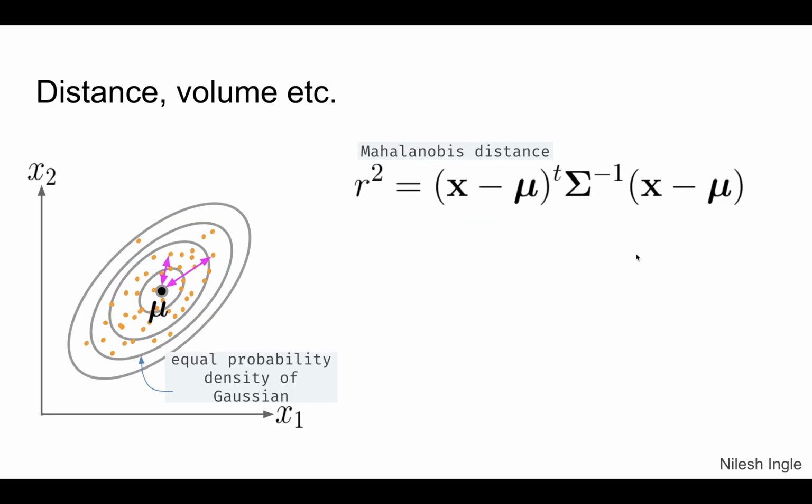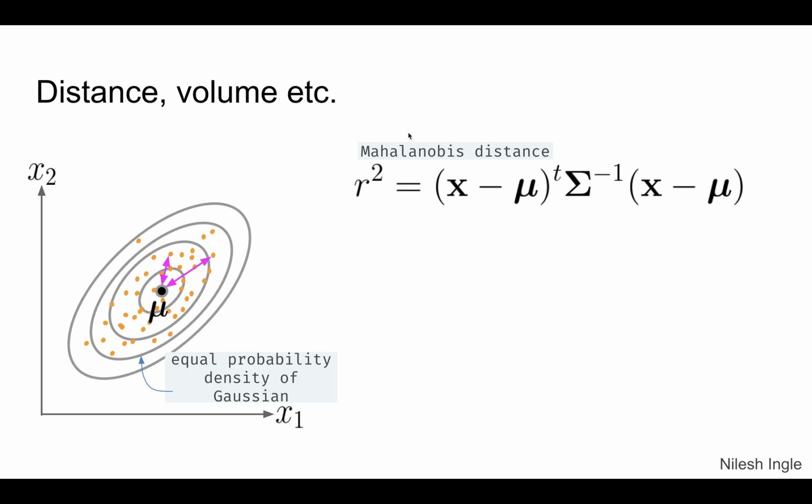Now, the Mahalanobis distance is given by this relation shown here. So what that tells us is that, let's say we have a cloud of data points here, and these contour plots represent the Gaussian density. So the Gaussian density anywhere on this plot would be the same.